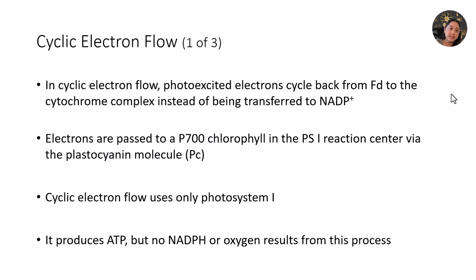And so cyclic electron flow only uses photosystem 1 because it's just cycling it back there. It produces ATP, but no NADPH or oxygen results from this process.